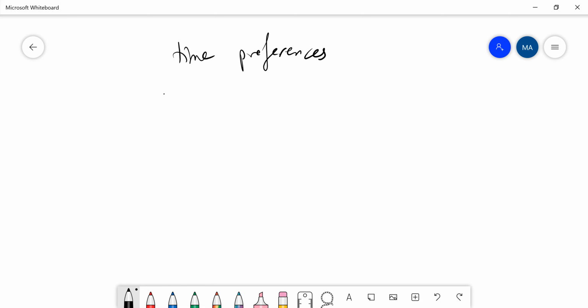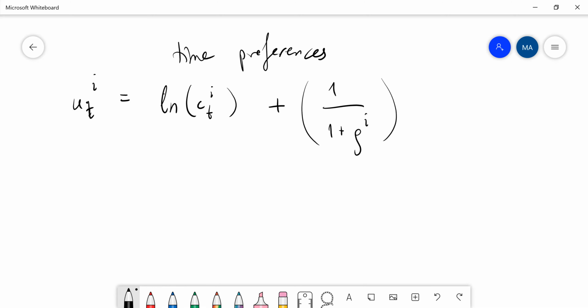Now, in a dynamic model, suppose that I want to care about my consumption today. I am agent i, this is my utility. So I care about consumption today, and I also care about consumption tomorrow. But I have this parameter here, rho i.